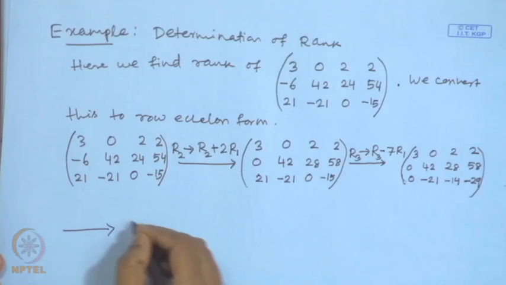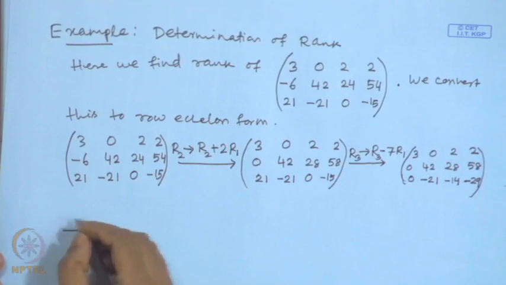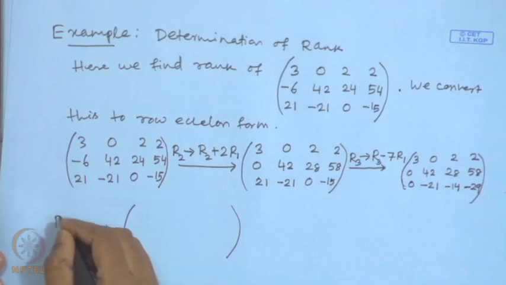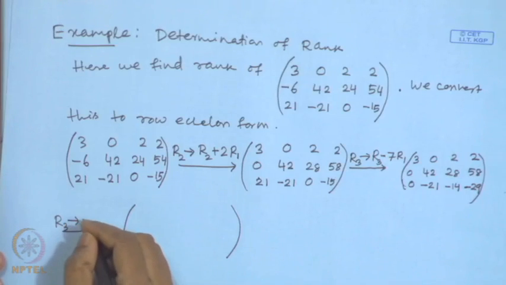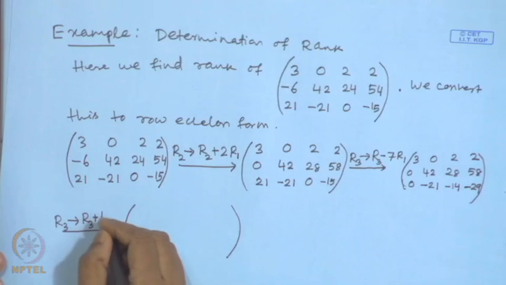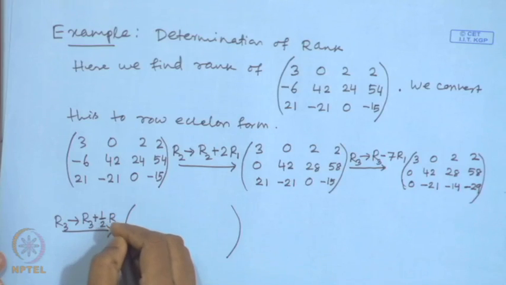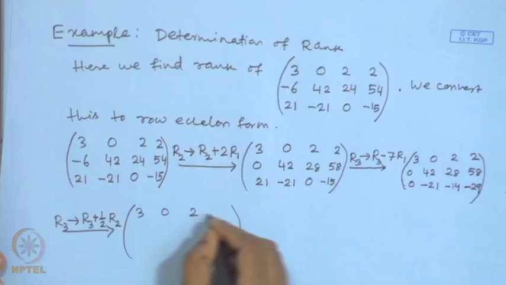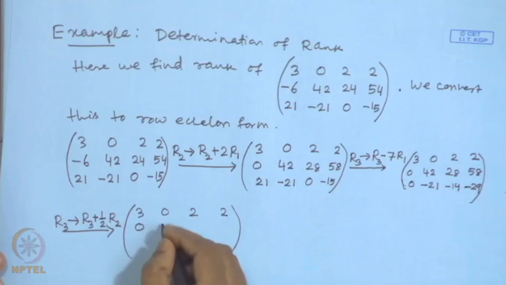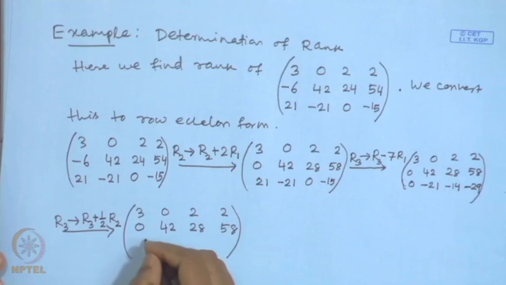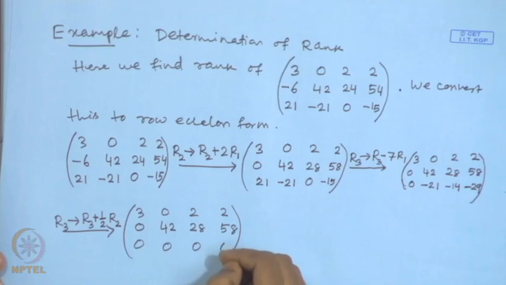So, here we apply the elementary row operation: R3 is replaced by R3 plus half of row 2, and we get this matrix with 3 0 2 2, 0 42 28 58, and the third row will be completely 0.